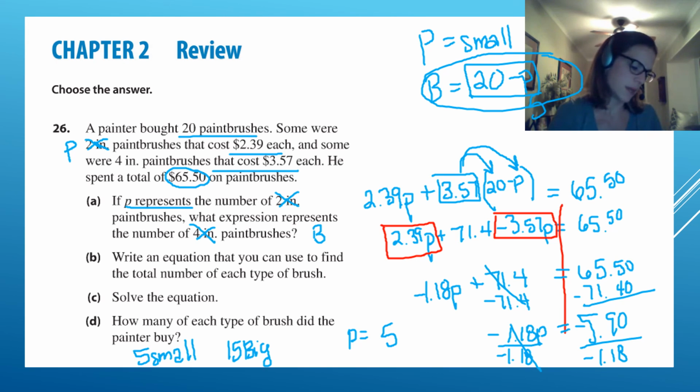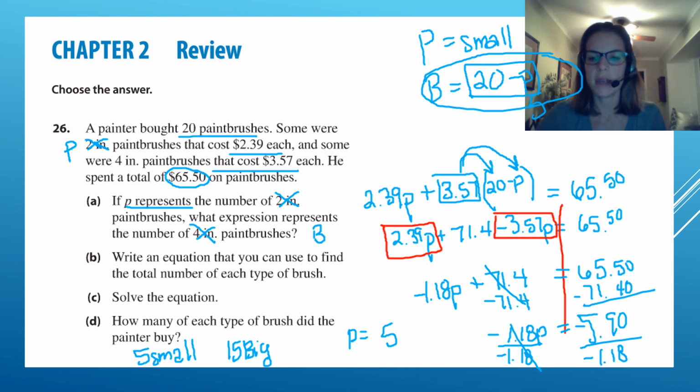And that is going to give me 1.18, and it's negative. And I'm talking about my p here. Plus 71.4. Going to leave my equal sign here, and this equals 65.50, sorry.